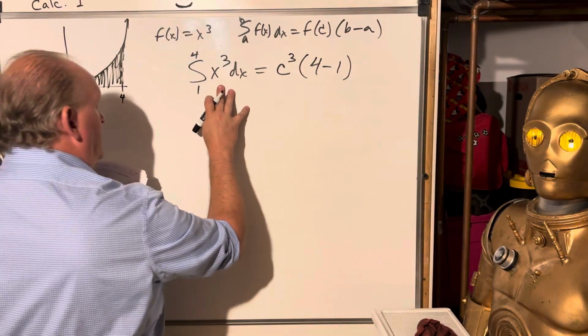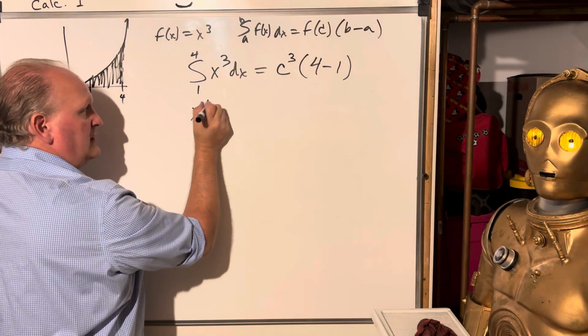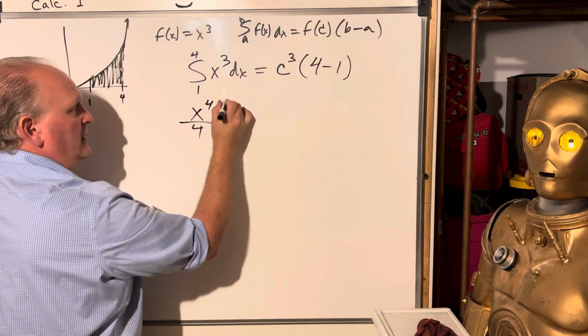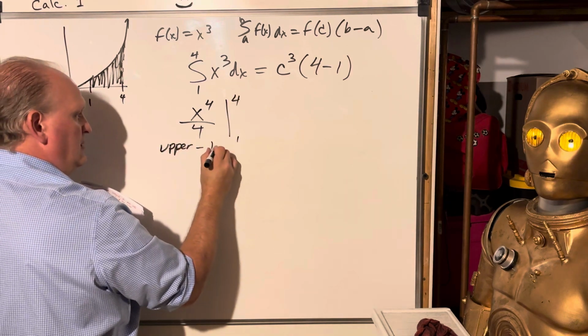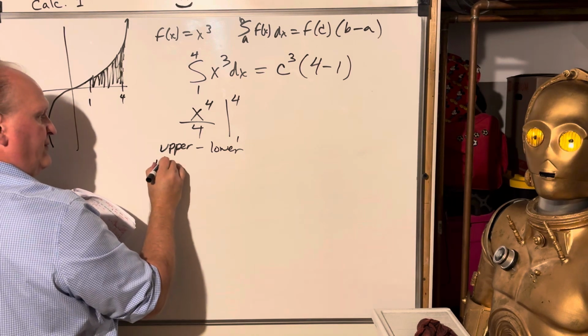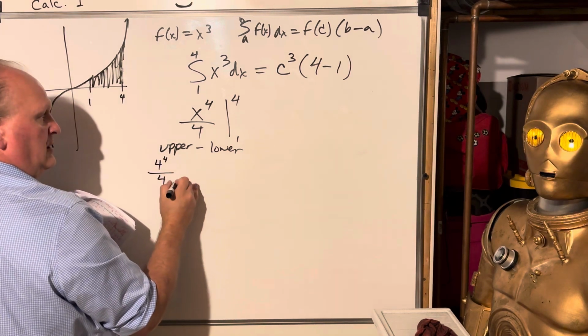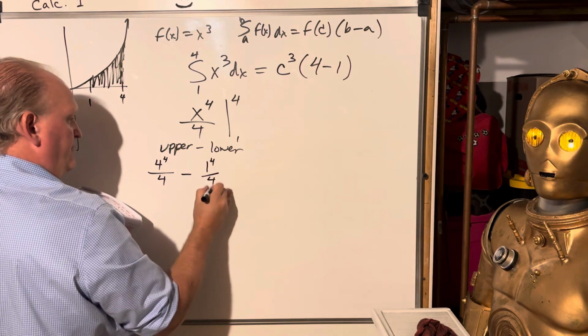All right, and so let's see what that looks like. We're going to do this integral. So add 1 is 4, divide by 4. It goes from 1 to 4. We do upper minus lower. So we've got 4 to the 4th over 4 minus 1 to the 4th over 4.